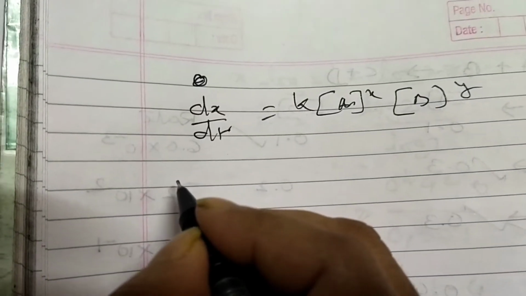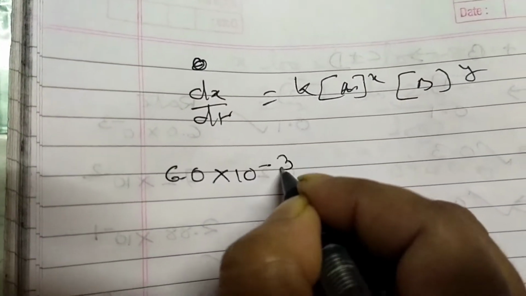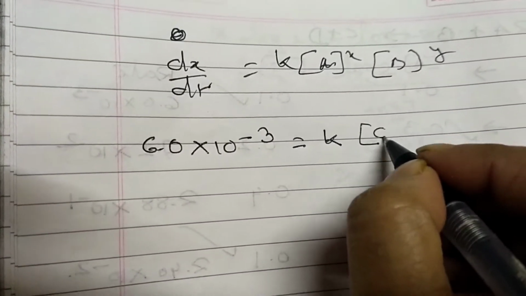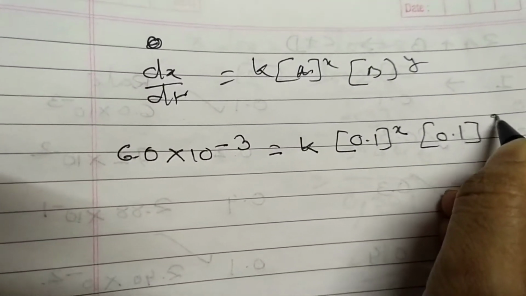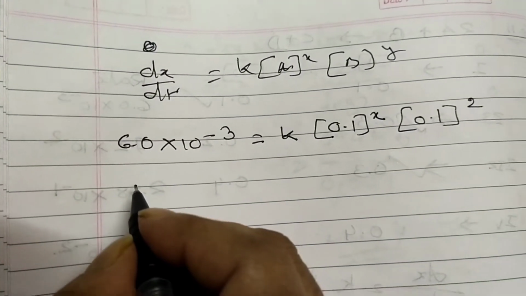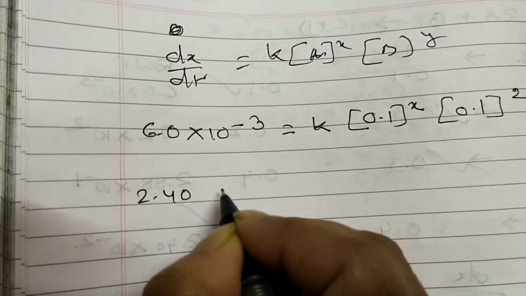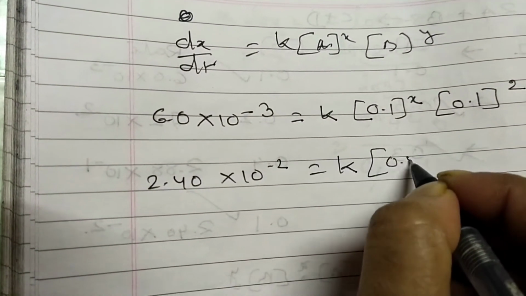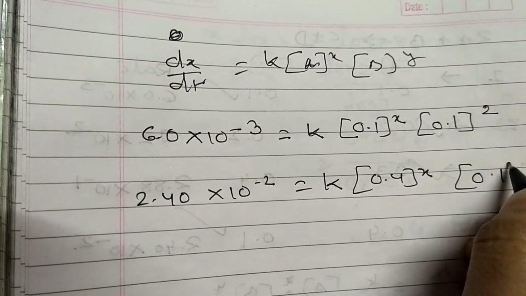The first one is 6.0 into 10 to the power minus 3 equals k into 0.1 to the power x and 0.1 to the power 2. Clear? And the next one is 2.40 into 10 to the power minus 2 equals k into 0.4 to the power x and 0.1 to the power 2.